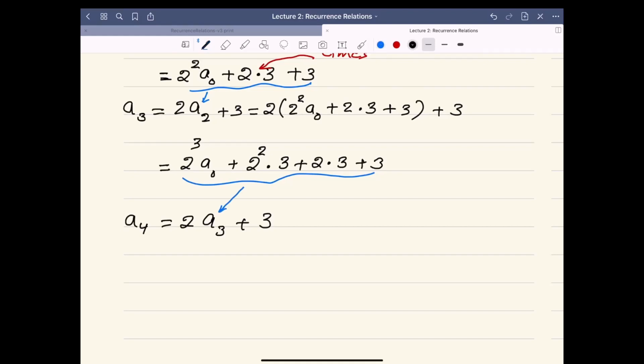Basically you multiply a3 by 2, so we will do the multiplication directly. So this is going to be equal to 2 to the power 4 a0 plus 2 to the power 3 multiplied by 3, 2 square multiplied by 3, plus 2 multiplied by 3 plus 3.